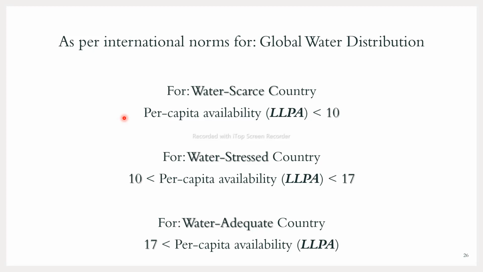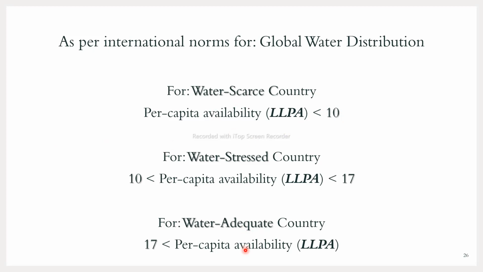Some countries are extremely water scarce, and some are water surplus countries. Water surplus countries come above the water adequate countries, with per capita availability much more than 17, maybe more than 20 LLPA. The extremely water scarce countries come under 7 or 5 or 6, or even lower, and those are extremely scarce.